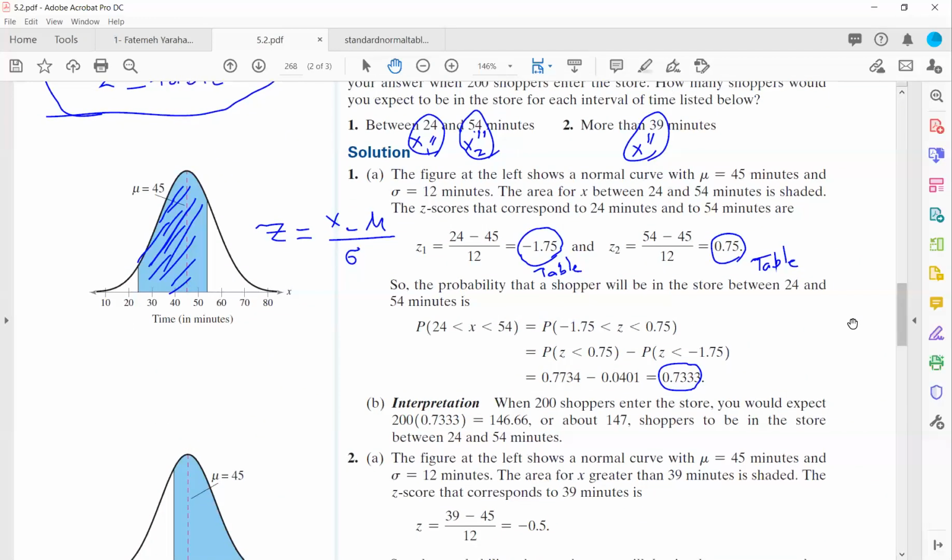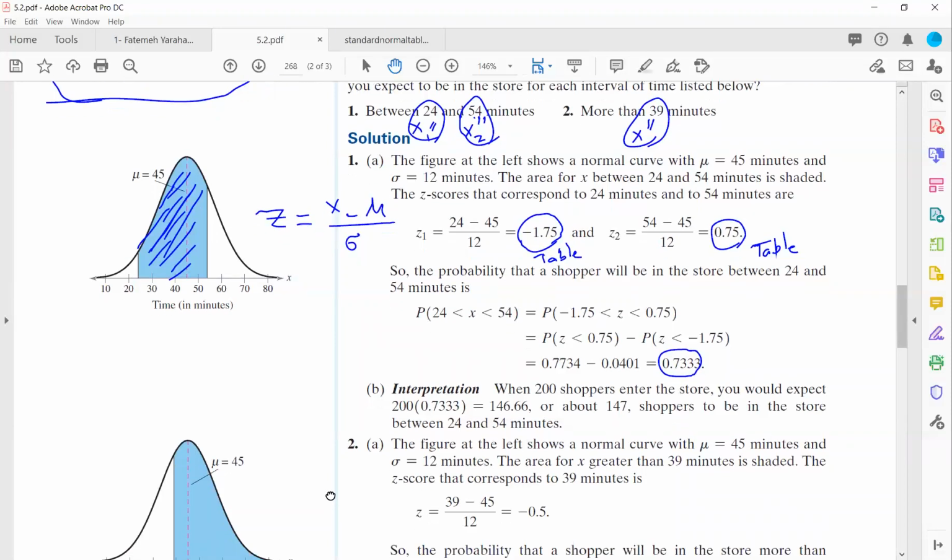So we're following the same formula. Z is x minus mean divided by standard deviation. Your x is now 39, so you have 39 minus the mean, which is 45, over sigma, which is 12. If you do the calculation, the outcome is negative 0.5.